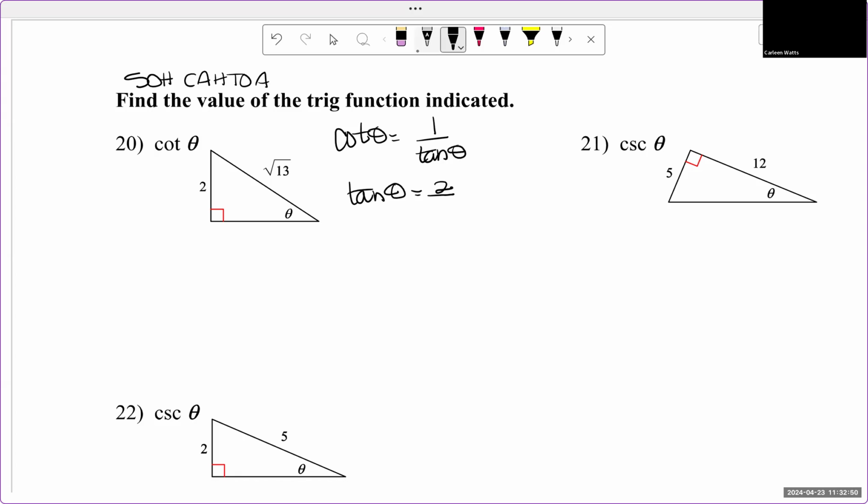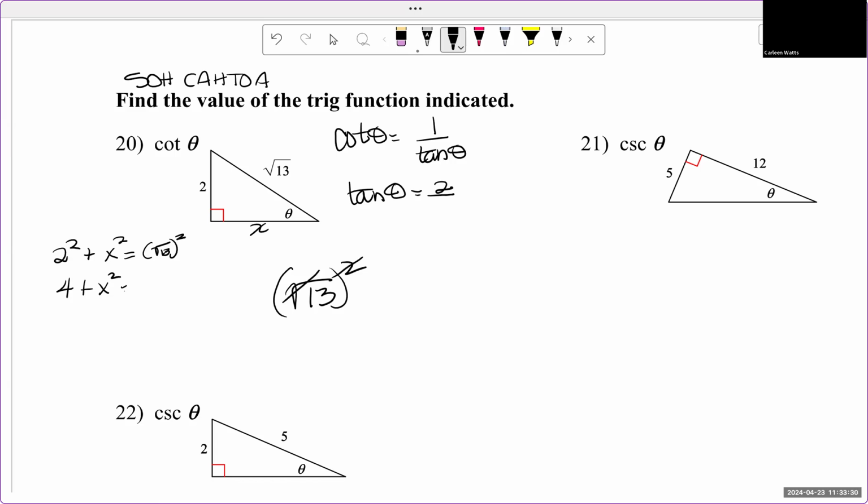Pythagorean theorem. Okay, 2 squared plus, we're going to call that x, x squared equals the square root of 13 squared. 4 plus x squared equals, now if I take 13 and I take the square root and I take that answer and I square it, square root and squared are inverse operations.